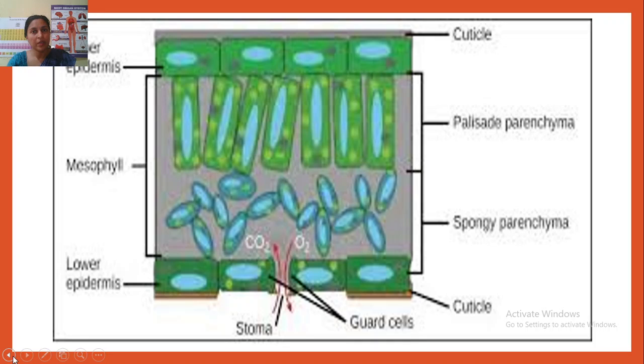Apart from the photosynthesis function, these parenchyma cells are involved in storing food as well. For example, food stored in a potato tuber is stored in the parenchyma cells, and they store water as well.